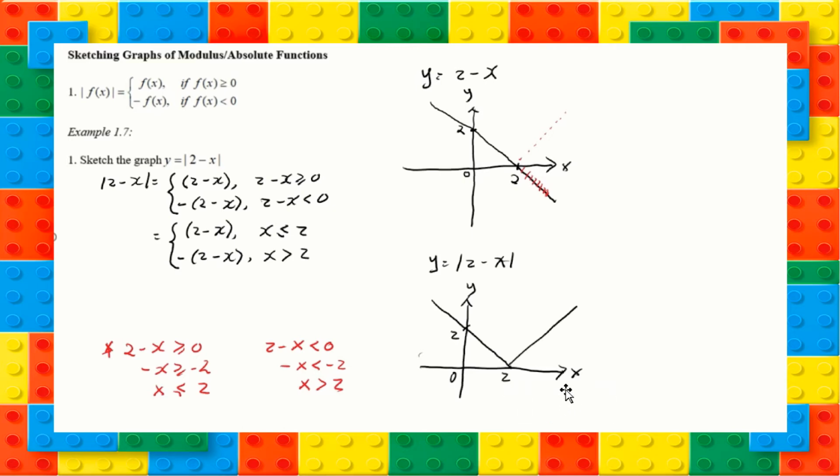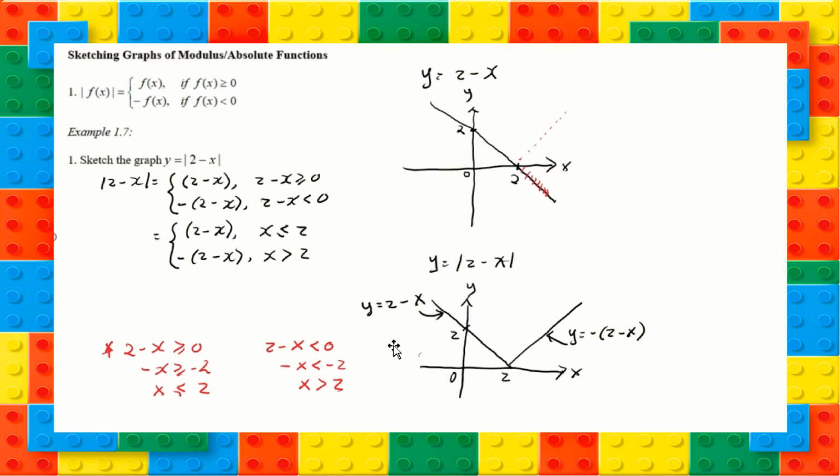So now we need to label. For the part of the graph which is reflected up, we label as negative (2 minus x). For the part of the graph that remains the same, we label as 2 minus x. So finally this is the graph for the modulus of 2 minus x.